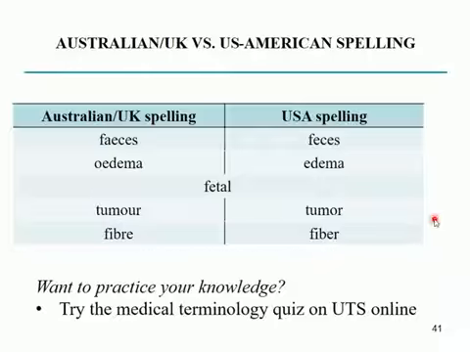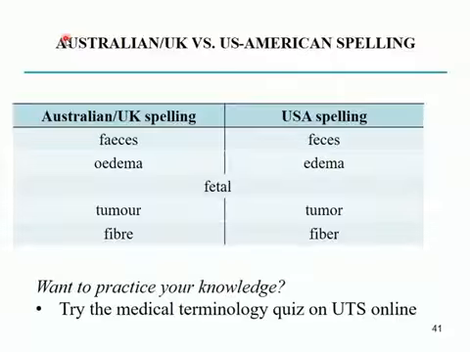And that's pretty much it for this series, except to mention a couple of things. What you'll experience when you're using medical literature is some terms have different spelling depending on whether you're looking at an Australian or a UK source or anything from any of the Commonwealth countries.